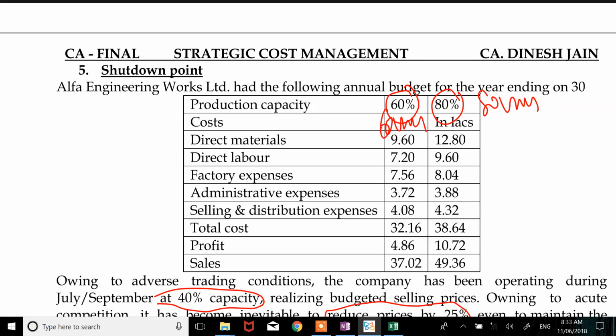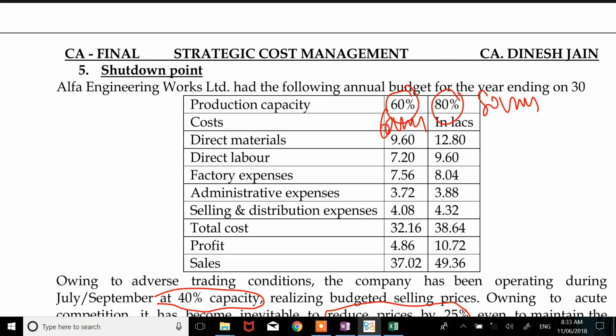Any doubts till now? Then factory expense. Divide by 60 and 80 and let me know, and then I'll tell you how we go about it. Is it same? No. Any doubts?